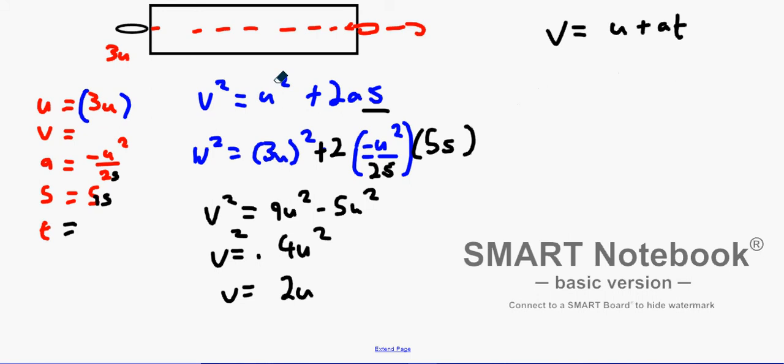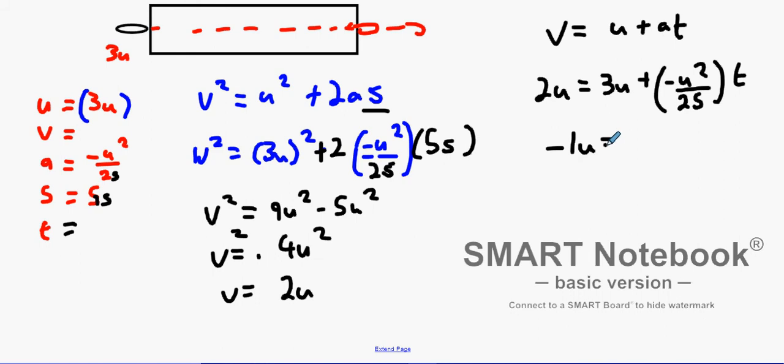Okay, next thing we're going to do is use v equals u plus at, where v equals 2u, u equals 3u, because that's what it starts off with. Acceleration is minus u squared over 2s. We're going to get minus u equals minus tu squared over 2s.